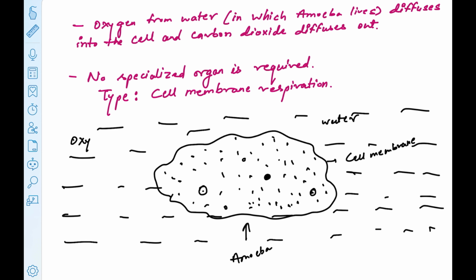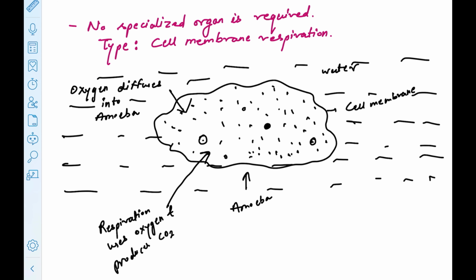And we know oxygen is dissolved in water. So oxygen from water diffuses into amoeba. Respiration uses oxygen and produces carbon dioxide. Okay, and after it, carbon dioxide diffuses out.